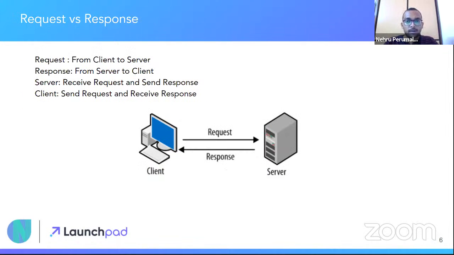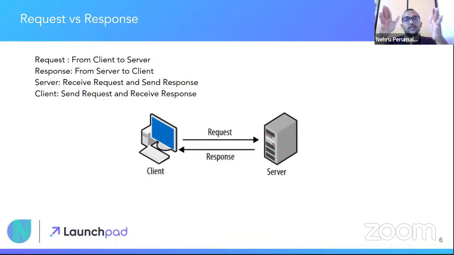Until now we are hearing a common word called request and response. What is a request and what is a response? For example, there are two systems talking to each other. Consider A and B. Initially A needs some data, which B has.